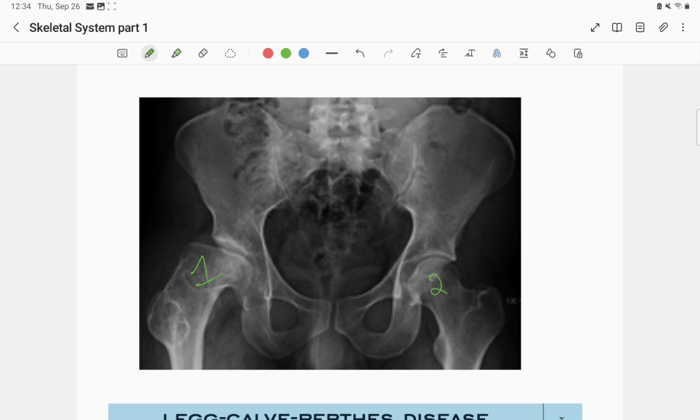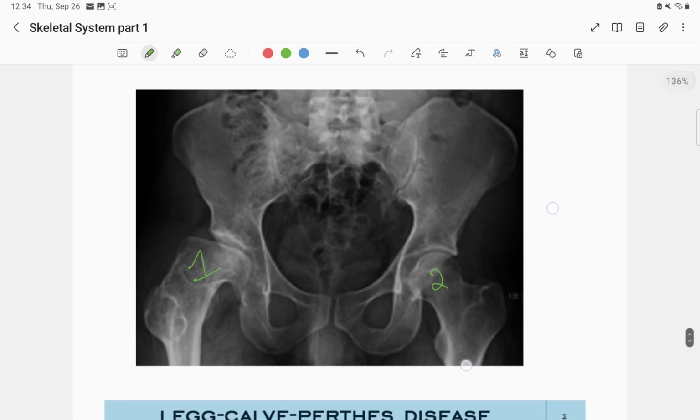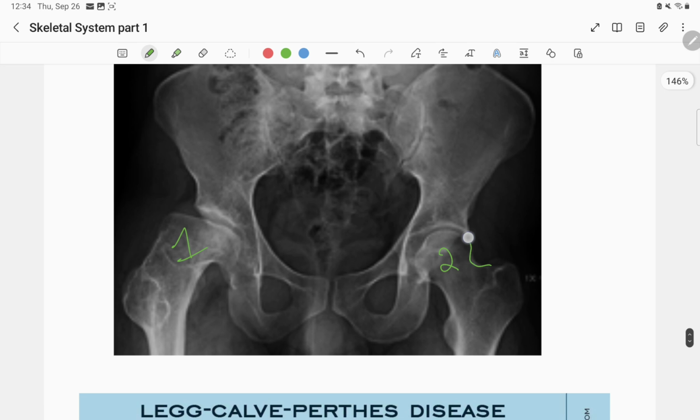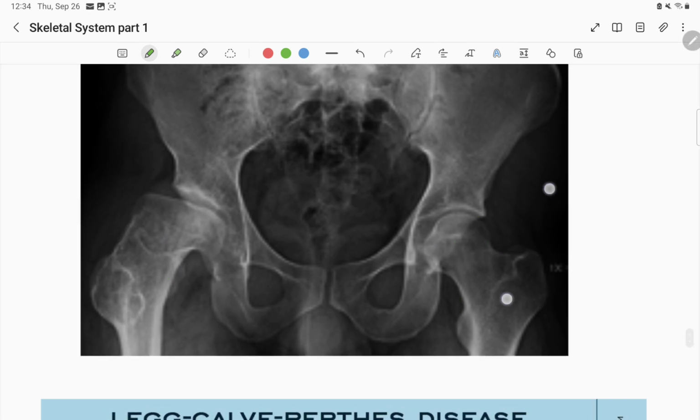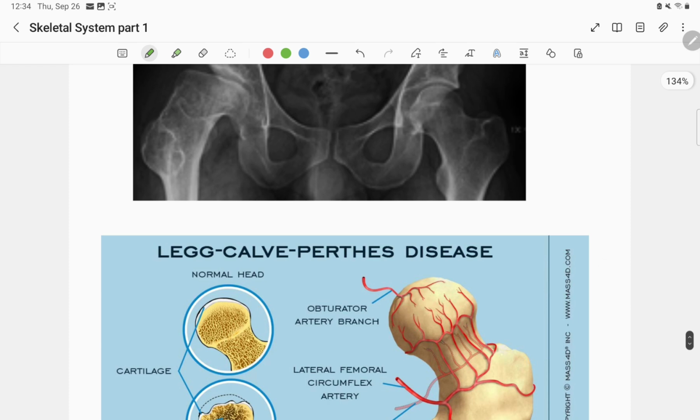Number 1 is all deformed and busted up, and number 2 is normal. Okay, because of the shape of the femur head. And then you can tell by just the way the femur head looks on number 1 there that it is abnormal. Okay, so there's a little bit of radiology for you.